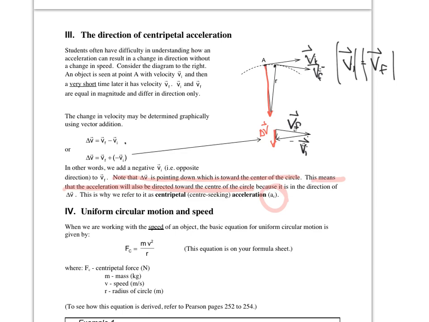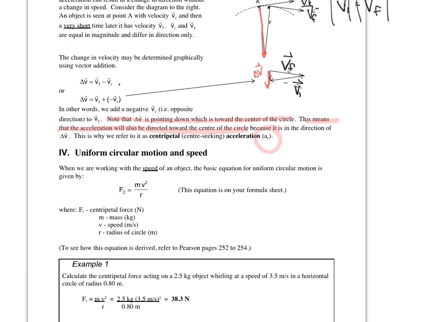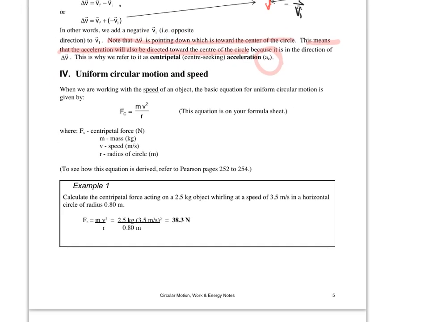Uniform circular motion and speed. When we are working with the speed of an object, its basic equation for circular motion is this. Now, this doesn't actually occur on your formula sheet, but we can quickly derive it. On your formula sheet, we know that AC is equal to V squared over R. It's the last equation in our kinematics section.